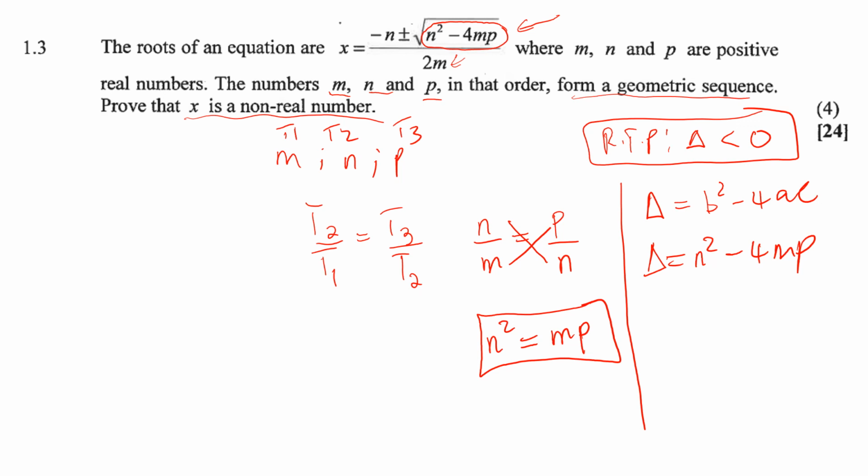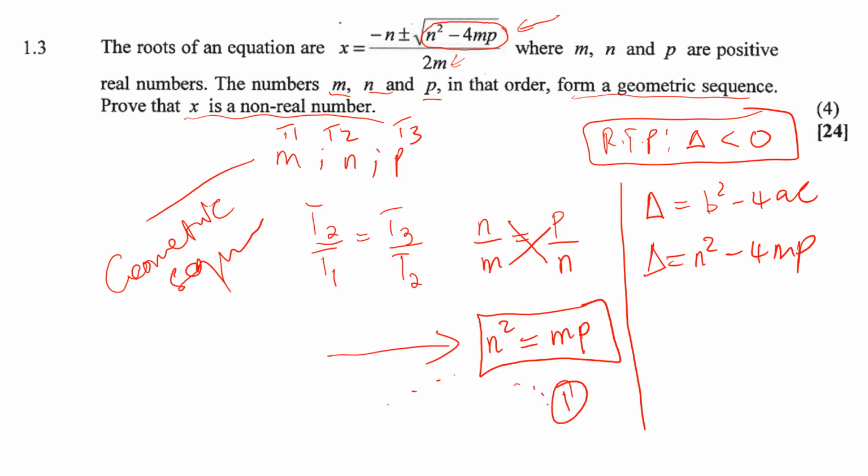We don't have the values of n, m, and p, but we have a very important statement that we got from our given information. Given that this is a geometric sequence, we are able to prove that n squared is equal to mp, which we can write as our equation 1.